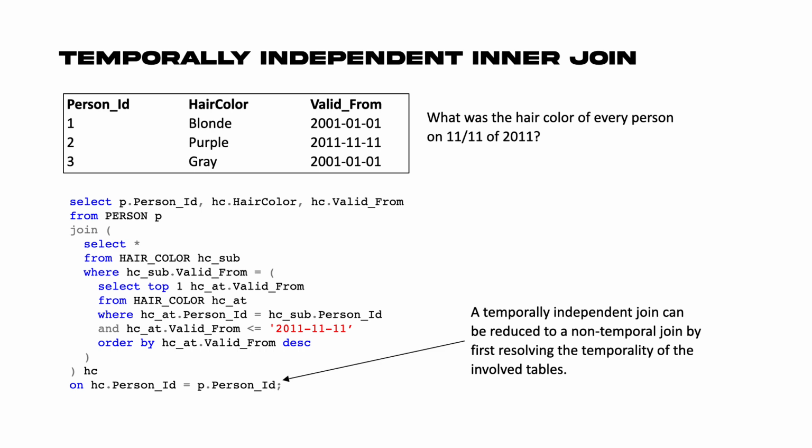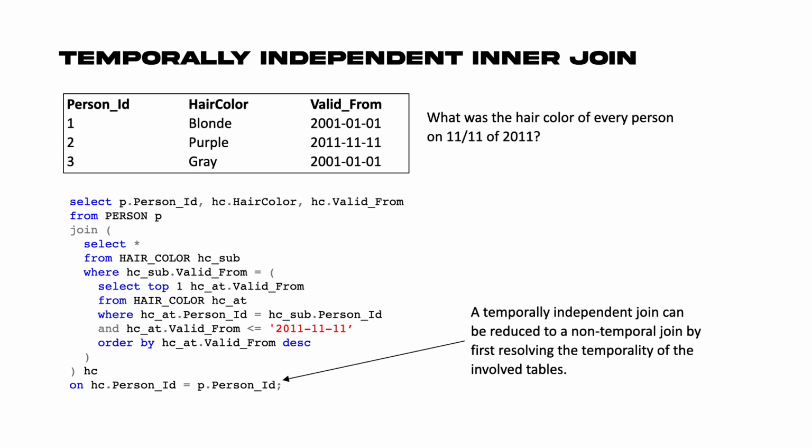So when I do an inner join to this derived table from the subselect, I can do it on the primary key versus foreign key here. So it's an equi-join on the keys again.